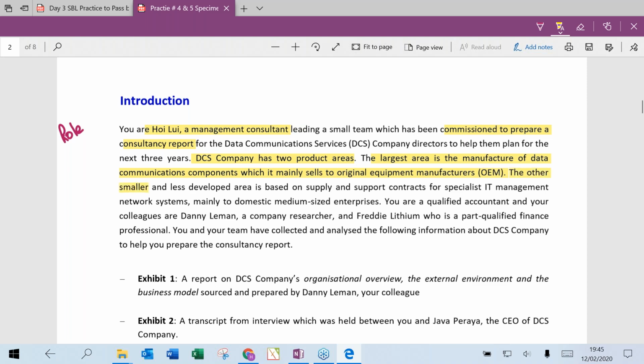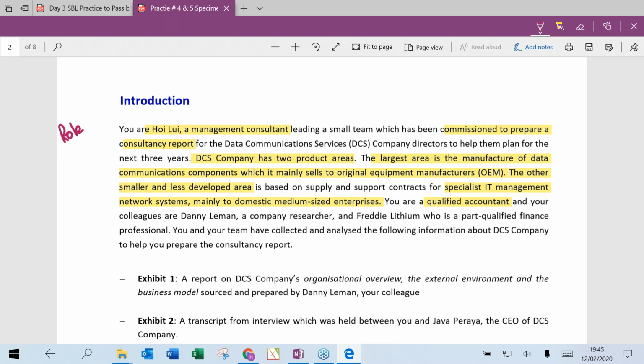So they've got two products. You are a qualified accountant and your colleagues are Danny Lehman, a company researcher, and Freddie Lithium, who is a part qualified finance professional. You and your team have collected and analyzed the following information about the DCS company to help you prepare the consultancy report.